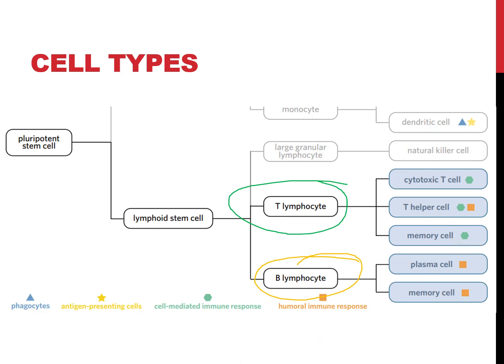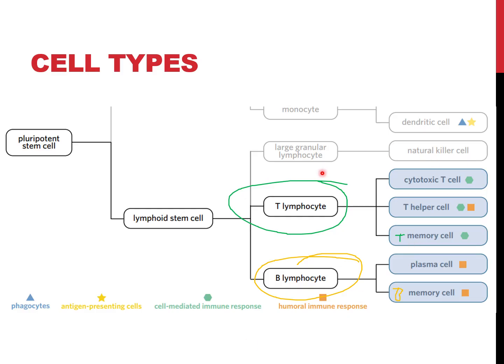Whereas with the B lymphocytes, or B cells, there's only two important things here: plasma cells, which help create antibodies, which we'll talk about later, and then the memory cells, of course. So that's going to be your B memory cells to differentiate them from the T memory cells.